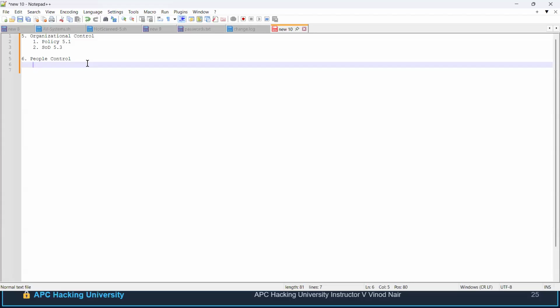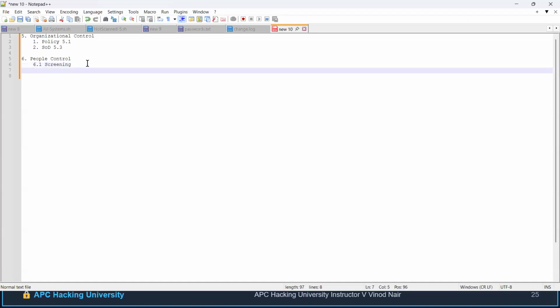So screening is a very important one. It will be 6.1, the first clause. Like this, you have a lot of things. Whatever comes under people control will be in clause 6.